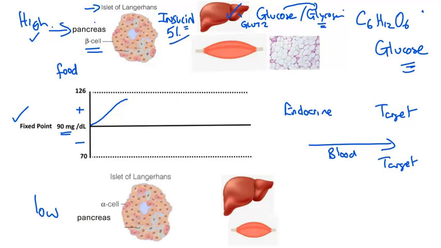On the other hand, another target could be the muscles or indeed the adipose tissue. Adipose, you might think of that as fat tissue. And here it has a different effect.